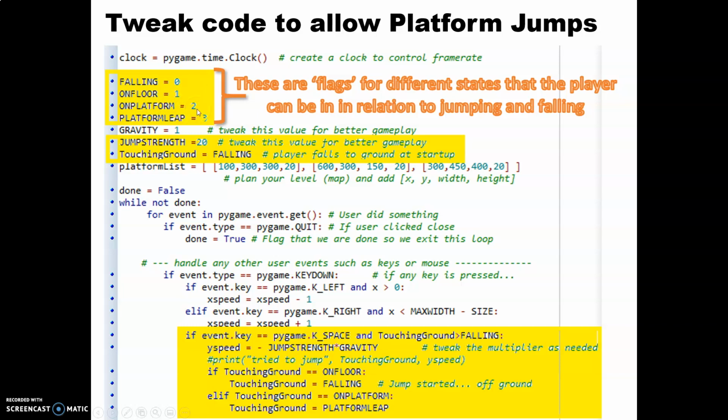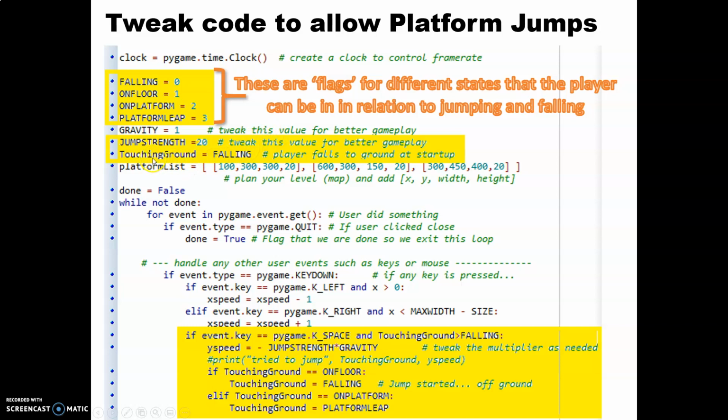And on platform will be 2. When we are jumping from a platform instead of the ground, then we will have an additional state, platform leap, for 3. We're also going to add a jump strength constant to allow us to easily tweak how strong our leaps are to make for a more realistic jump.